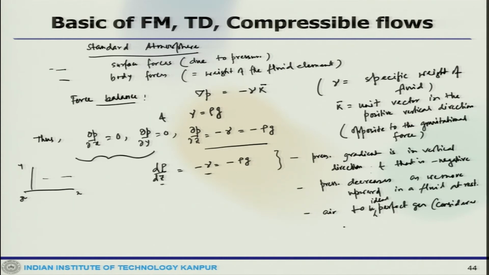Then we can write dp by dz equals minus g p by RT. This is using P equals rho RT.